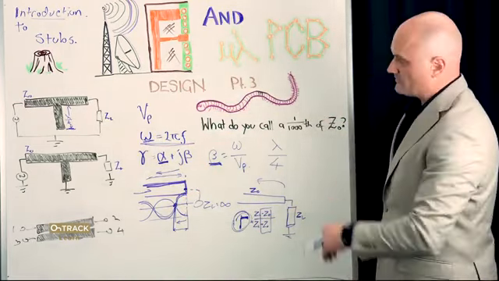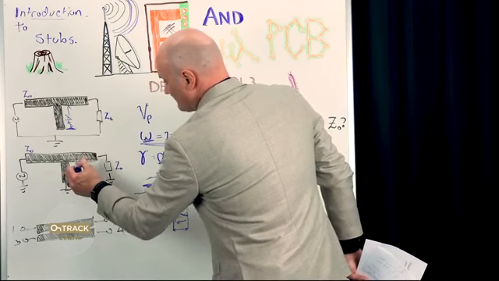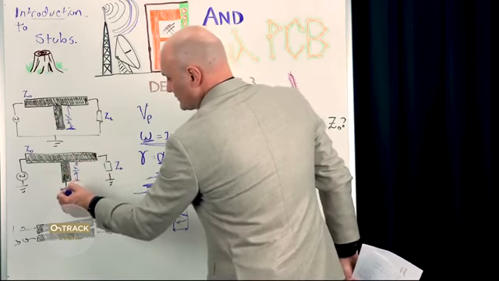Okay, so there's another case. Stubs can be terminated in a short circuit. Let's say there's a quarter wavelength stub that's shorted to ground. Now remember, it's ground to AC, so it could actually be a VCC supply rail, and there's a very practical use for this kind of stub.